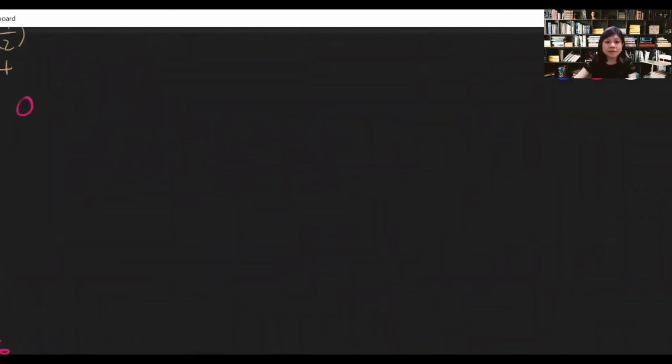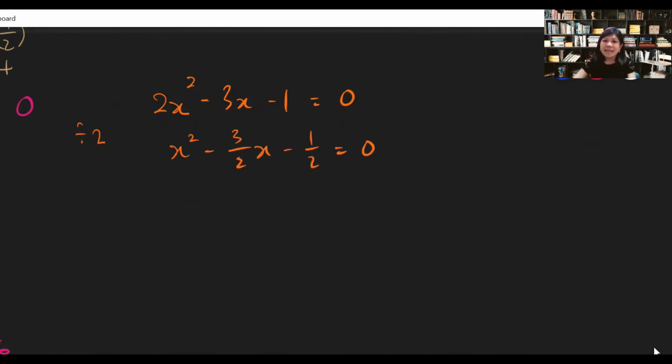We can try one more example here. What if you have an equation that has a coefficient that is not 1 for your a? Very easy, we just divide all the terms by 2. When you divide by 2, you're going to have this here. I know we don't quite like to deal with fractions, but what choice do I have, because it's given in the question.